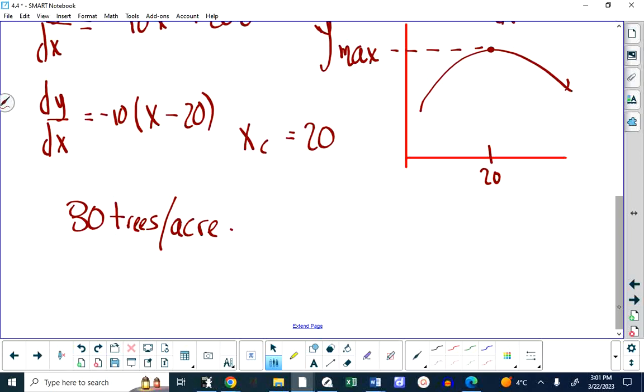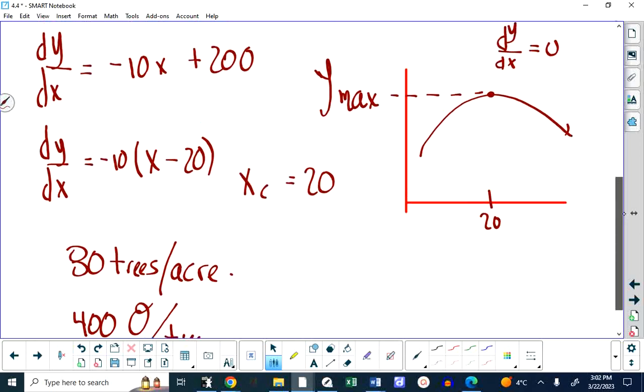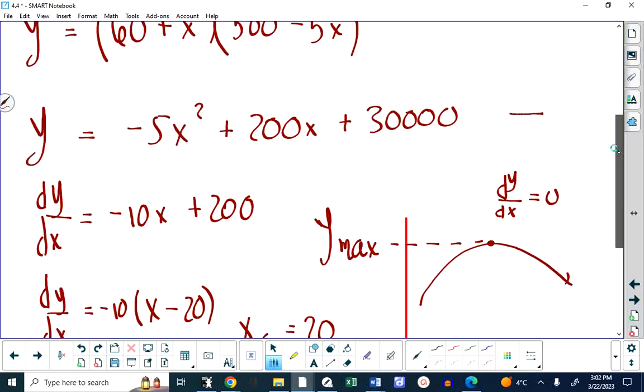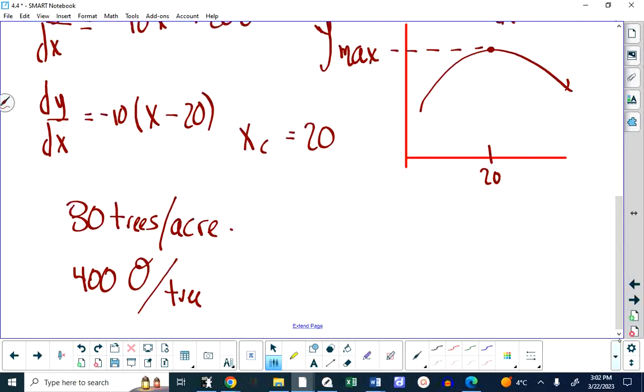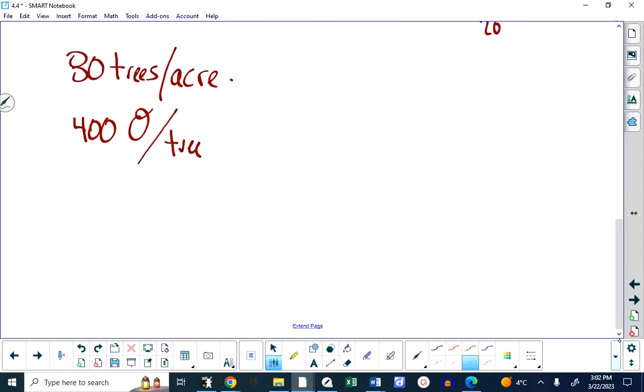So if x is 20, you're losing 100, and we started off at 500. This will lead to 400 oranges per tree. If you want to find out the total number of oranges, if you're just blindly looking at the equation, you could put 20 in here. Or you could take 80 times 400 and get 32,000 per acre, per growing season.